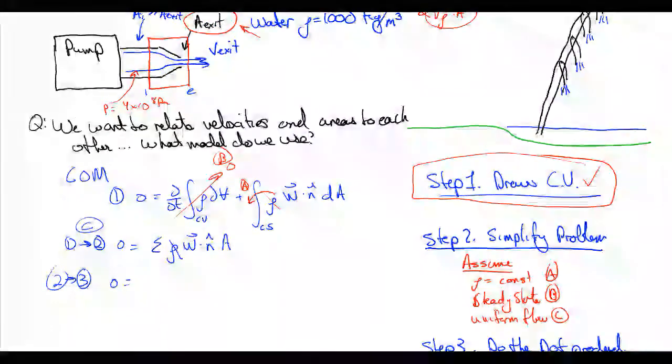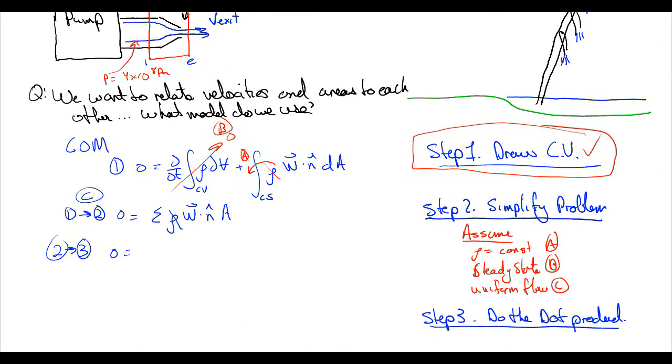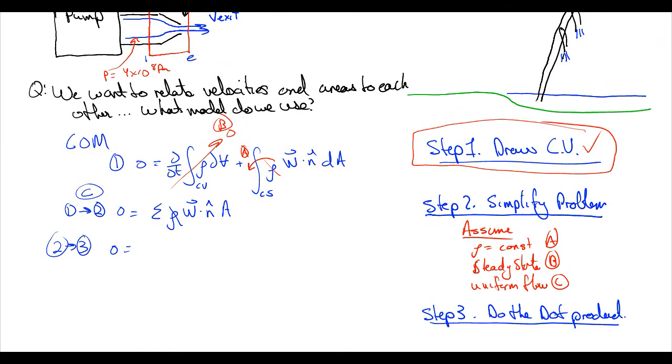Oh, that's right, we can divide out the rho, by the way. We have fluid entering our control volume here at 1, and if we remember from our mnemonic, entering fluid is bad, so it's negative. So we have a negative W1 times our area 1, A1, and that's going to be plus W exit times our area exit.